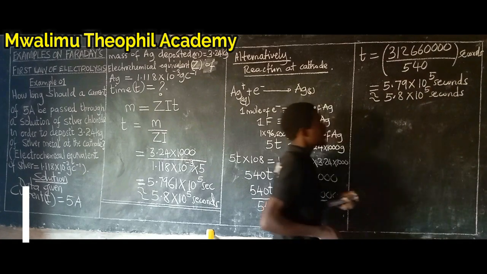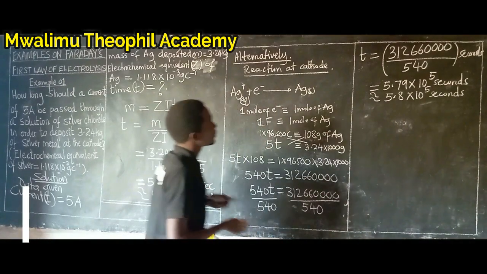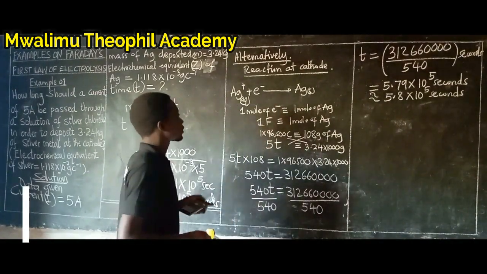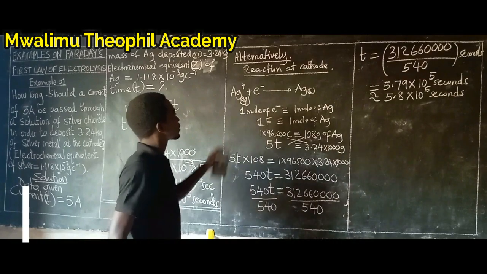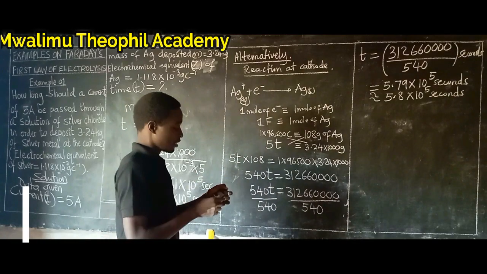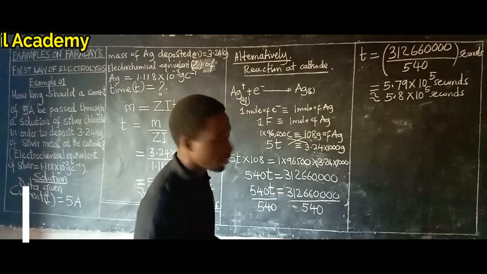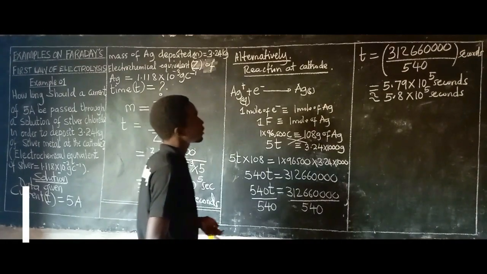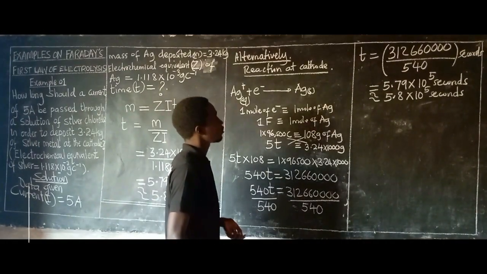Now you can find that the answers are the same. The answer which you obtained in the first approach is the same as when we used the balanced chemical equation. Now, this is the way we carry out the calculations concerning Faraday's first law of electrolysis.